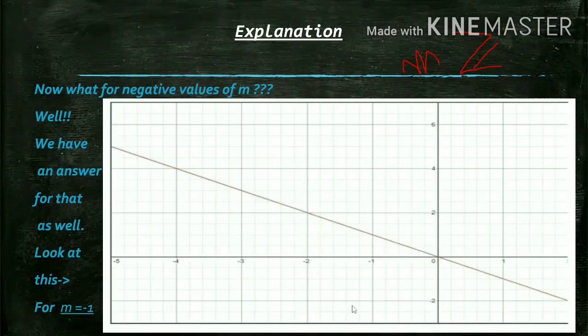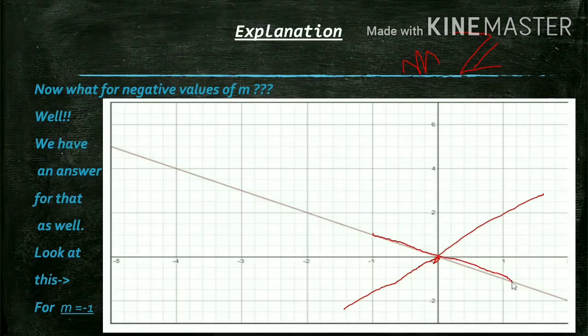Earlier the graph was passing through the origin (0, 0) and was like this. But now it just changes the rotation. That means you can say it's the mirror image along this y-axis, isn't it? If you just place a mirror on the y-axis, then this line would look like this line.